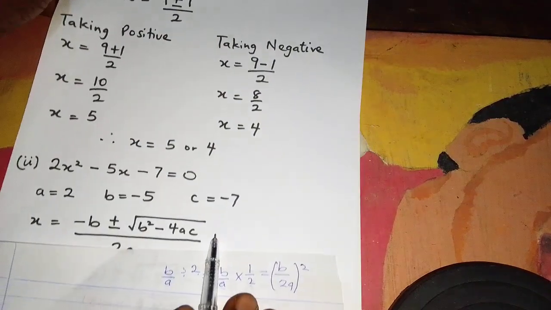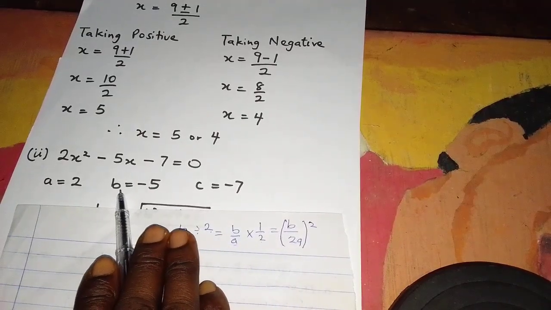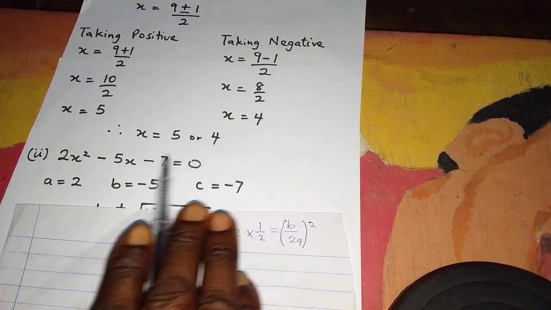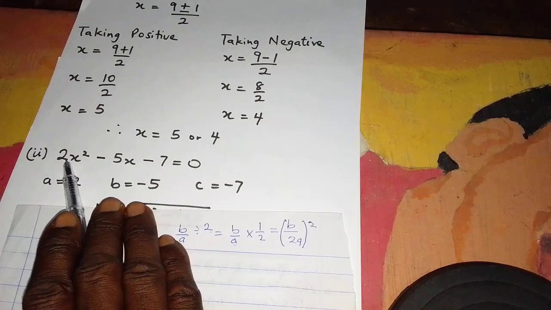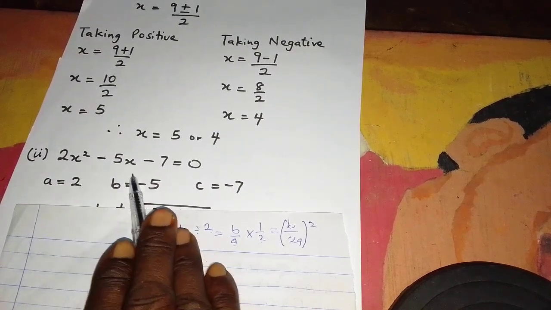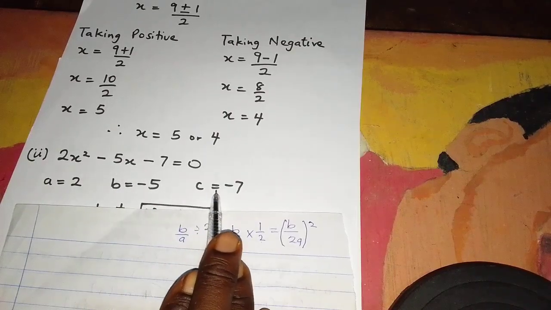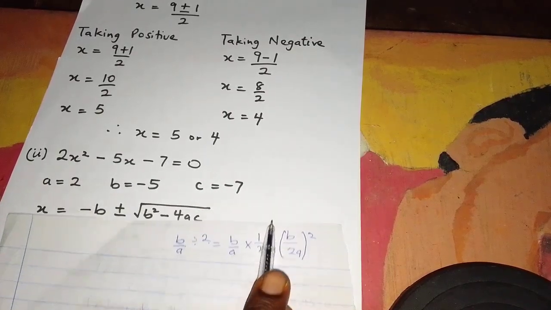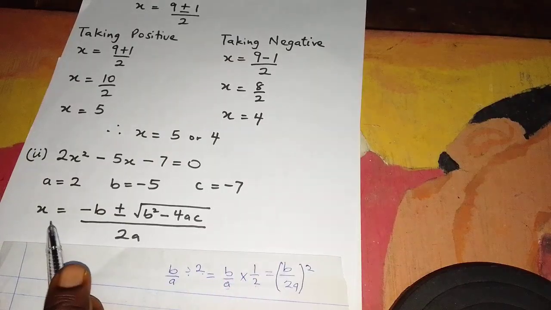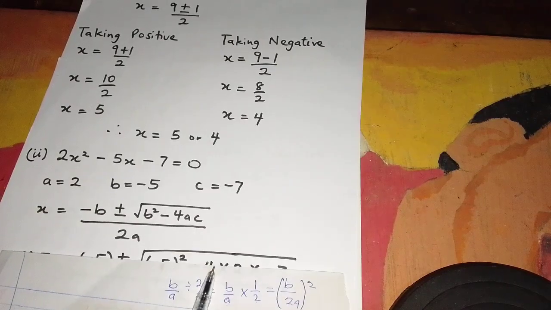Let's have another example. So you're having 2x squared minus 5x minus 7 equals 0. We said our a here is what? The coefficient of x squared, which is 2. b here is what? The coefficient of x is minus 5, and c here is what? Minus 7. So you are going to substitute into the formula x equals minus b plus or minus the square root of b squared minus 4ac over 2a.